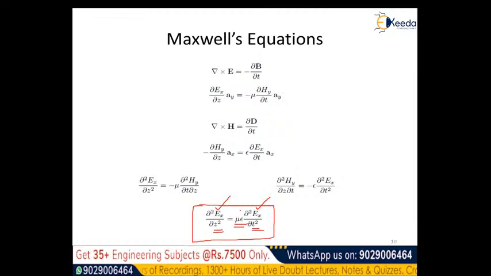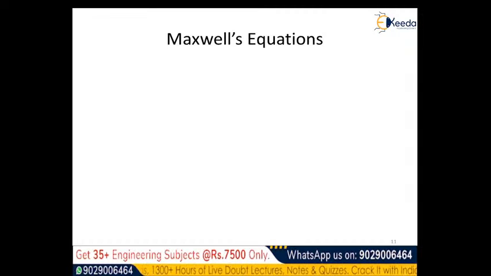Now let us focus on part B. In part B, the question was: show that Ex is equal to capital E suffix 0 into cosine of omega t minus beta z is a solution of that equation for a particular value of beta.